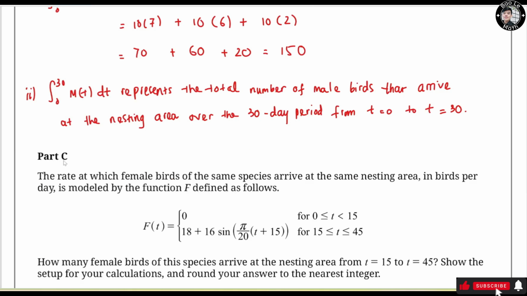Now let's move on to question C. The rate at which female birds of the same species arrive at the same nesting area in birds per day is modeled by the function f defined as follows. How many female birds of this species arrive at the nesting area from t equals 15 to t equals 45?